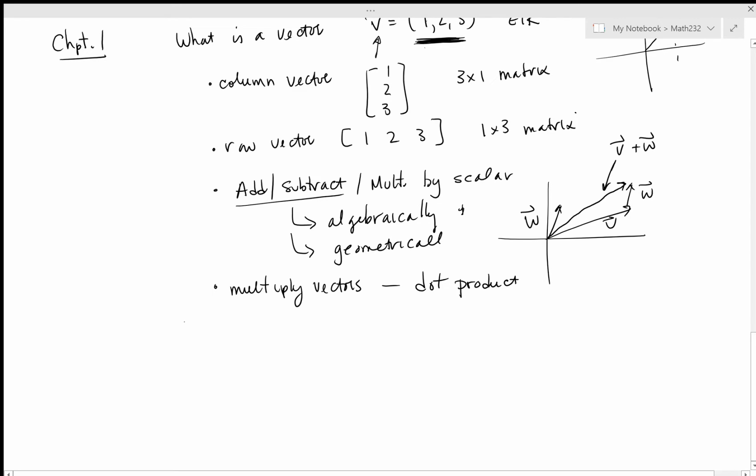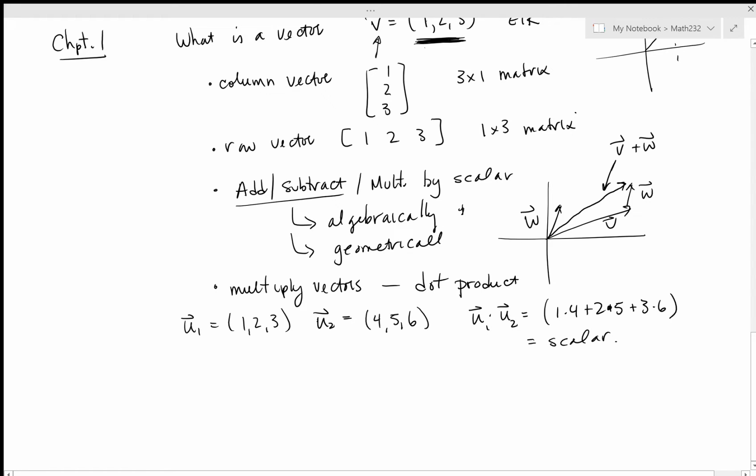So if we were to have two vectors, u1 equal to 1, 2, 3, and u2 equal to 4, 5, 6, then we would have u1 dot u2, and that would be 1 times 4 plus 2 times 5 plus 3 times 6. Okay, a scalar number comes out to a scalar. That's important. The dot product comes out to a scalar.